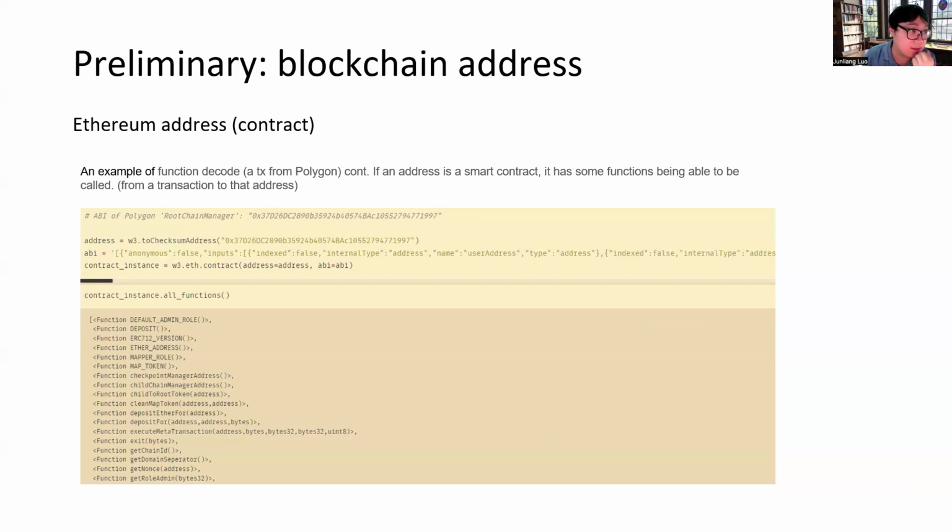In this one, there's deposit, there's map tokens, get chain ID, all the things you can call. You can actually send some tokens to this address to trigger these functions if you want to do that. That's just a demonstration of what the smart contract looks like. You always have a list of functions you can call.